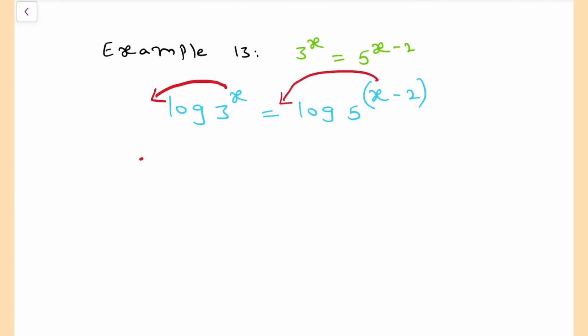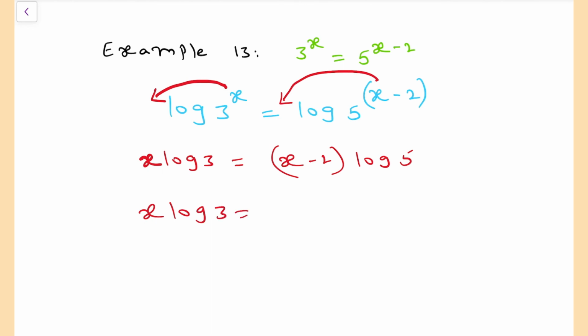Then what we will get here, x log 3 equals x minus 2 log 5. This left side part I am writing as it is, x log 3 equals x into log 5 minus, as it is, 2 into log 5, 2 log 5.